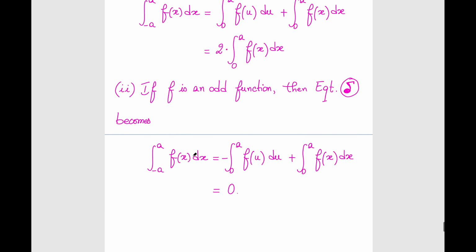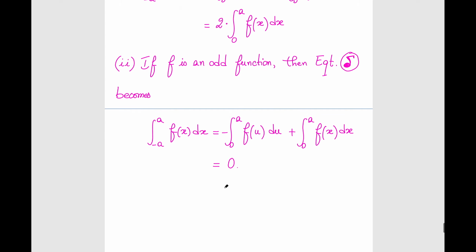See this? Same story. That guy is a dummy letter. So it looks like negative the integral from 0 to a of f of t dt plus the integral from 0 to a of f of t dt. Isn't that the same? You're subtracting the same thing from itself. So we get 0.